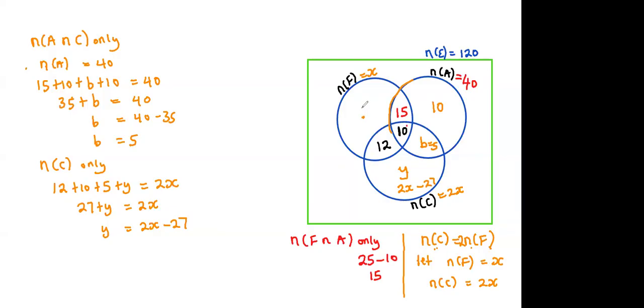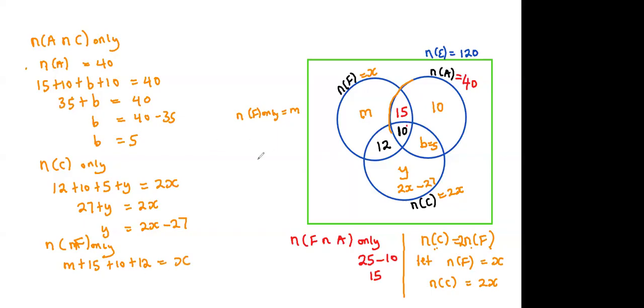Then your next task is to find what is here. So you can first let any unknown, let me say m, to be here, and you define that this one is f only, equal to m. Now I'm finding for f only, so we are going to add everything. We shall say m plus 15 plus 10 plus 12 should give us x.